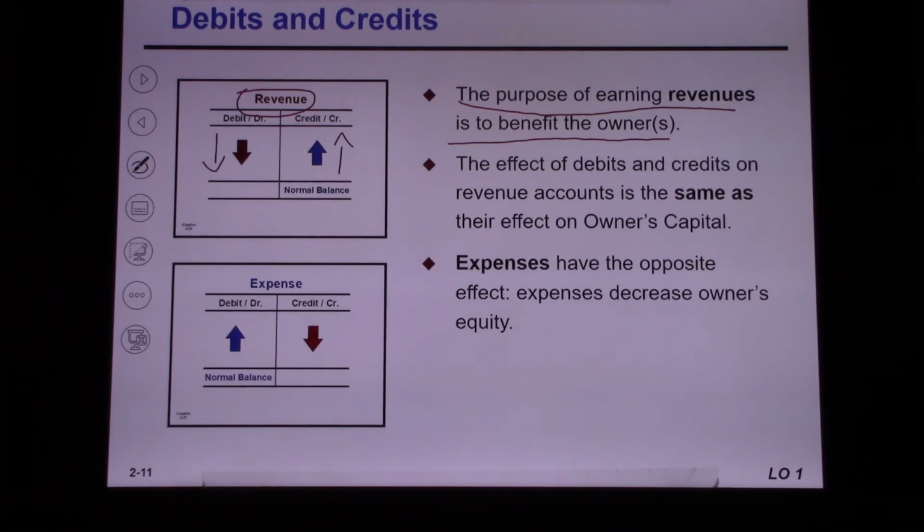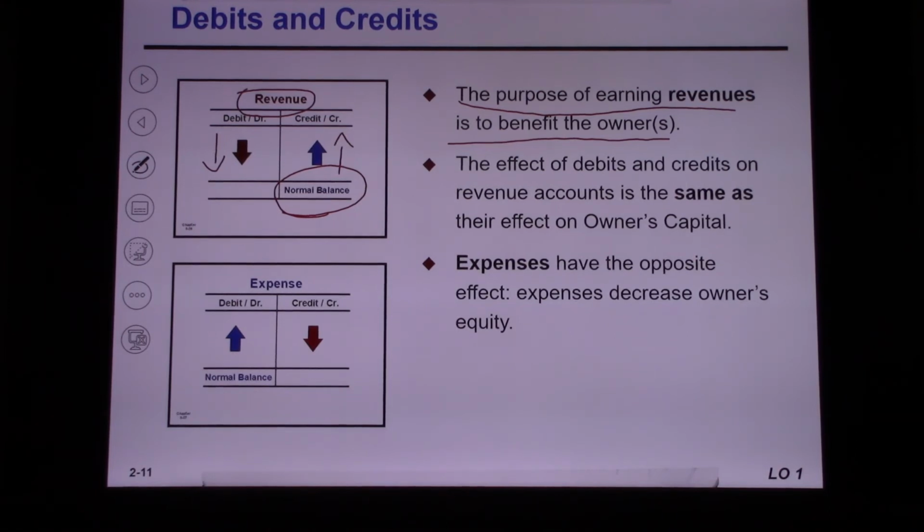And what is the normal balance? Again, the normal balance is on the increase side, and here the credit side is the normal balance for revenue. While expenses have the opposite effect. As we know, expenses decrease owner's equity. Since expenses decrease owner's equity and revenues increase it, it is logical that the increase and decrease sides of the expense account will be the opposite of the revenue account.